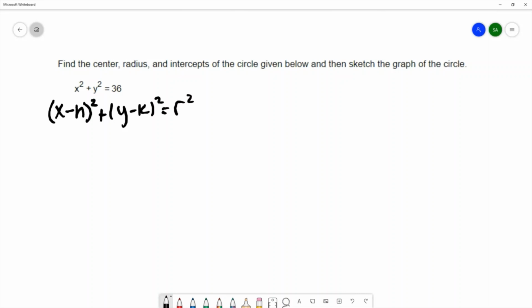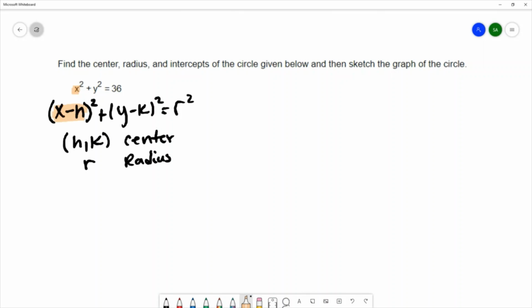And the center is the ordered pair (h, k), and the radius is r.